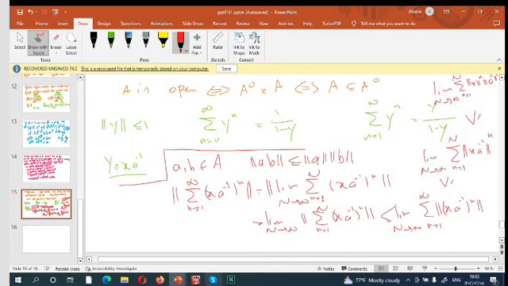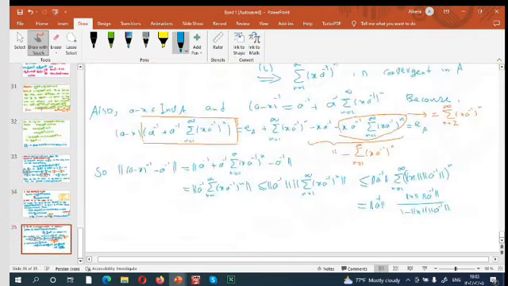So we write this limit is less than this, and this less than this summation.